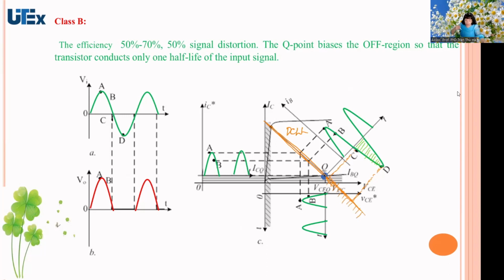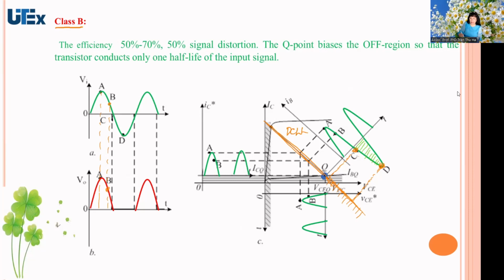It means that of the information A, B, C, D, we have lost some. We receive only A and only B in the output, and the C, D input signal we have lost. What does this mean? It means we have collected class B.